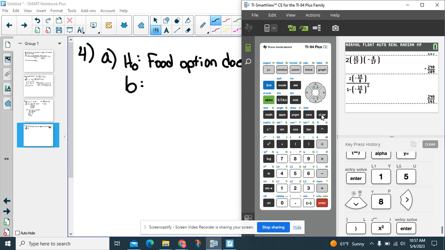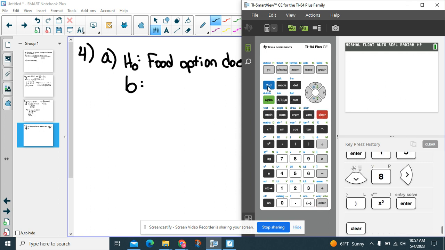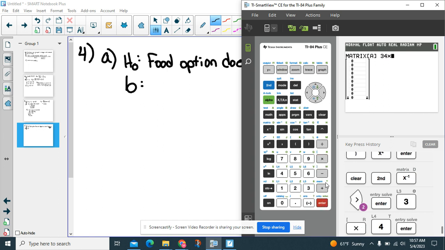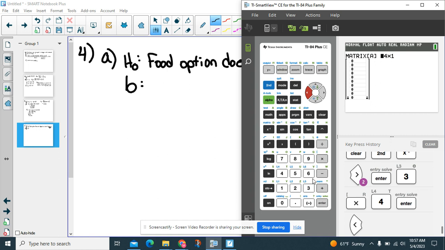All right, so we need to put the original information into a matrix, right? And the data that's given to us is in a 3 by 4 matrix.